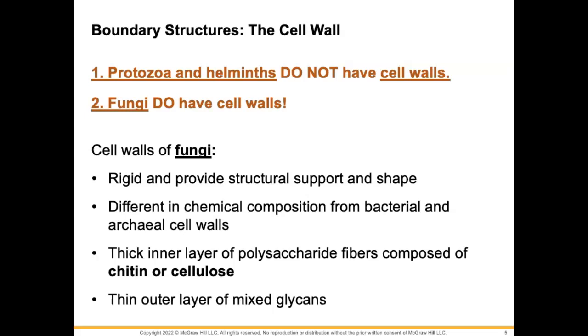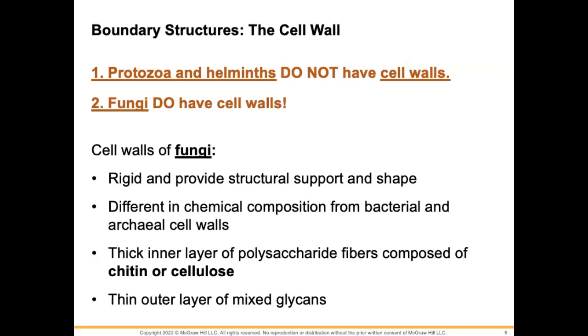Fungi also fall under the umbrella of the eukaryotes. However, fungi do have cell walls. Remember, a cell wall is an additional part. It's not referring to the cell membrane. But we'll get to more of that later. The cell walls of fungi make the cells more rigid and provide some structural support and shape.